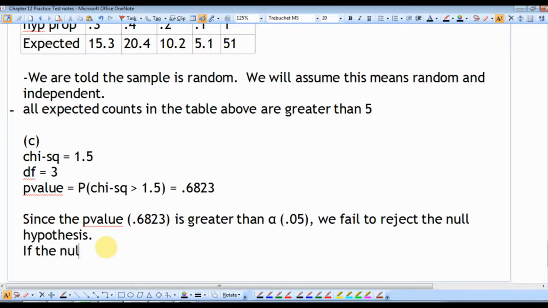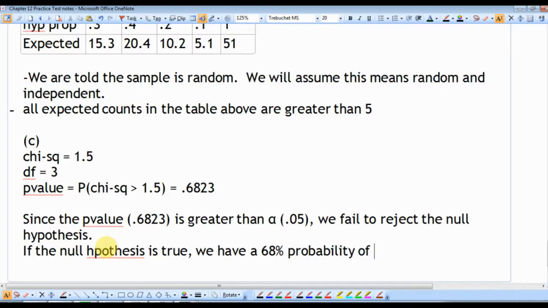If the null hypothesis is true, we have a 68% chance of obtaining our sample.